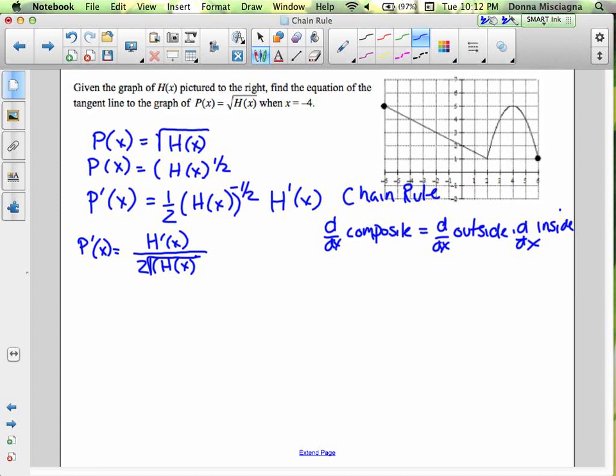All right, so now let's find all the parts using the graph. Now that we wrote the derivative, step 1 was find the derivative. It's always best to just not worry about values until you find your derivative, and that was using the chain rule.